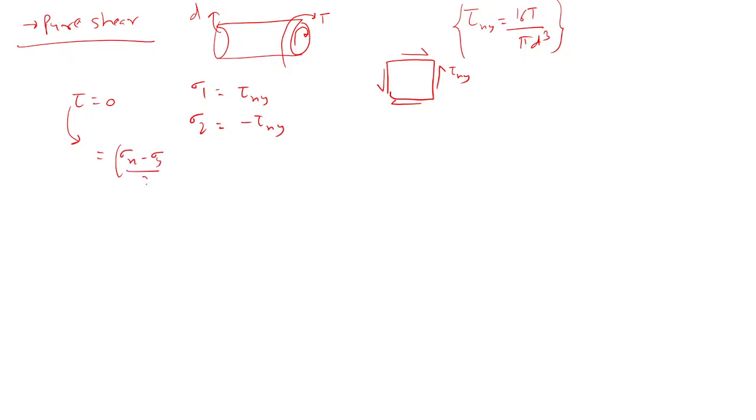Sigma x minus sigma y by 2 sine 2 theta minus tau xy cos 2 theta, right? So this term is not there, so it would be 0. So this becomes 0 and cos 2 theta is 0, which means theta will be 45, right? 45 or 135, both we can say, but that we will see. So 45 degree from here.